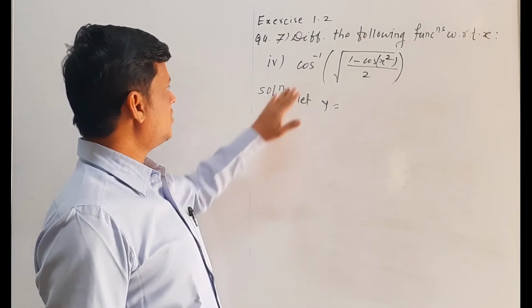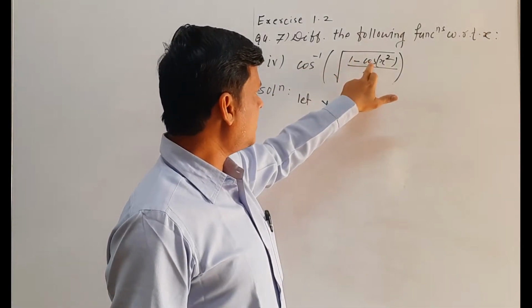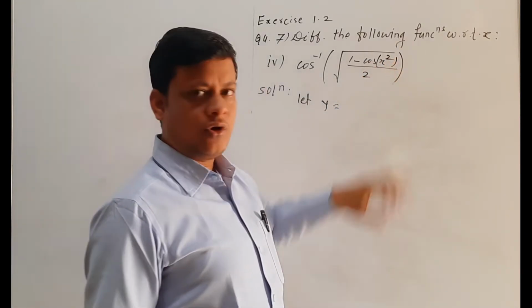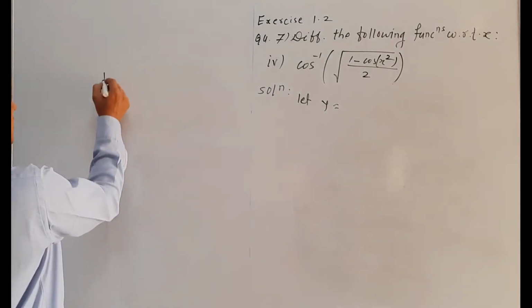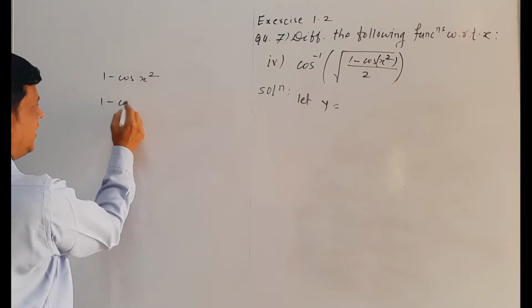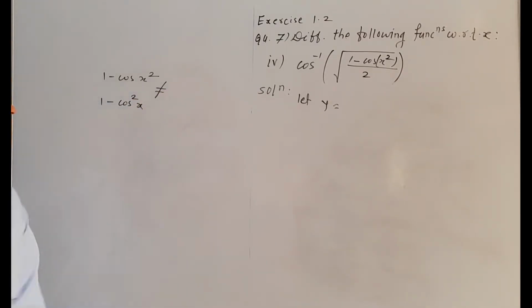Now see sub question 4. Cos inverse of root of (1 minus cos of x square) upon 2. Don't confuse 1 minus cos x square with 1 minus cos square x. These two are not the same.